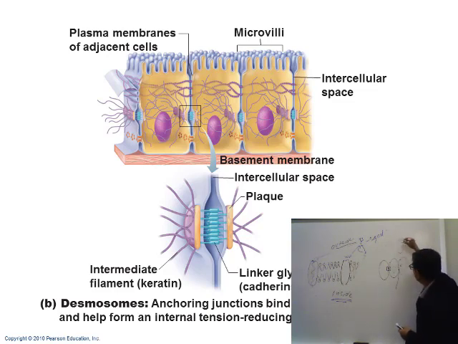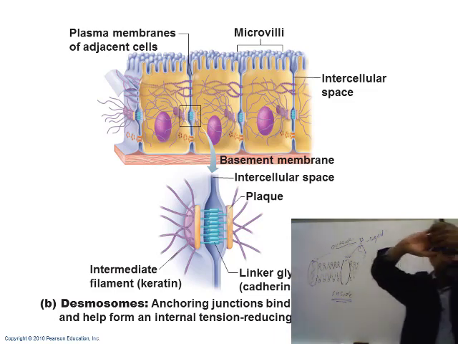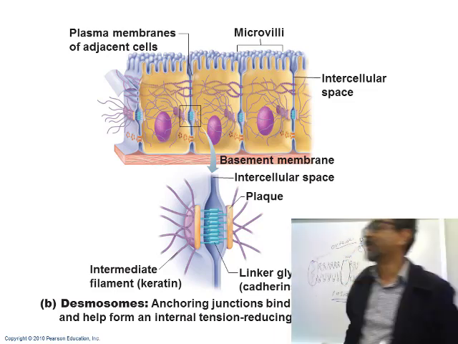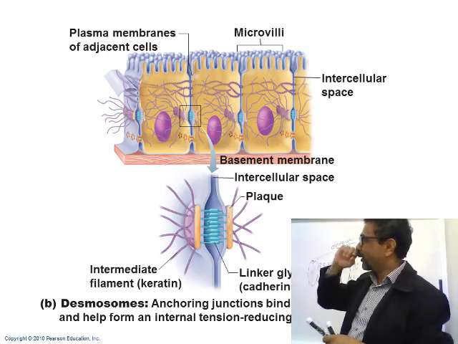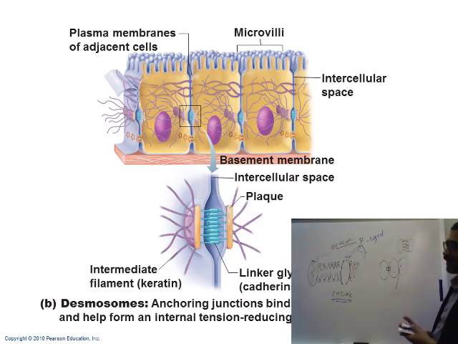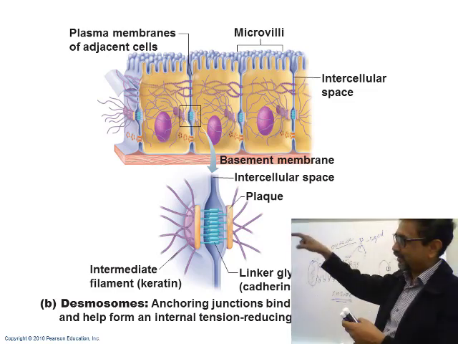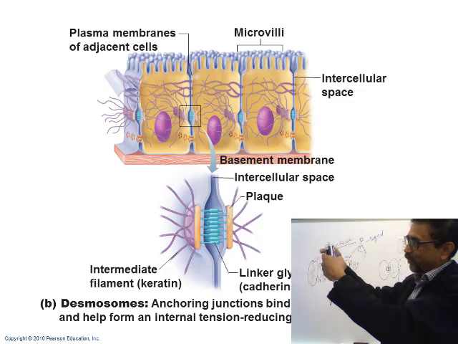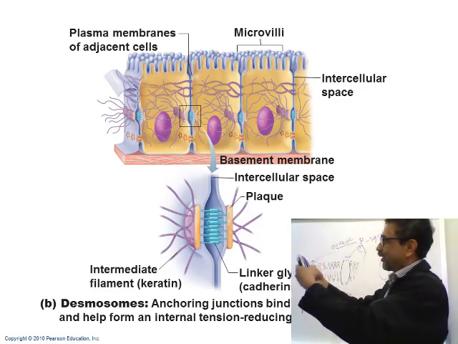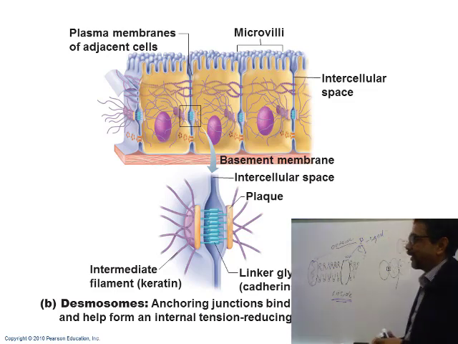This is one disc, this is another disc, and the protein structures, those are called interlocking proteins or cadherins. Another name is cadherin. They arise from the disc and get attached to each other like this. Make sense? Holding the cell membranes very strongly like this. So you see here in the bottom two cell membranes, and on the inner surface the discs, the yellow color, and from the discs the blue colored ones, those are the linker glycoproteins or cadherins.